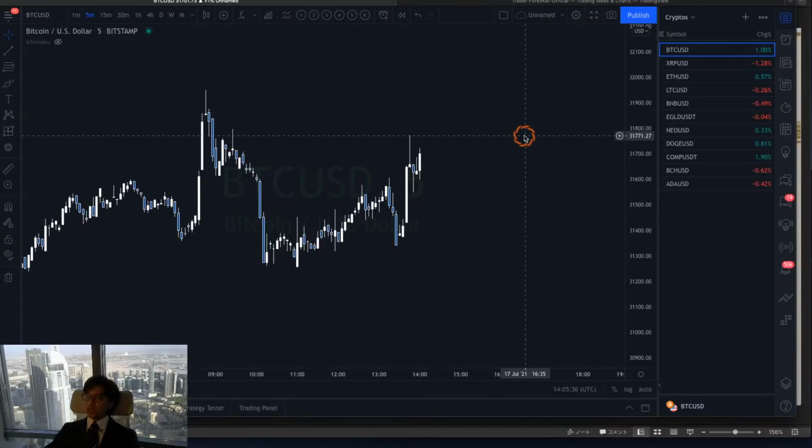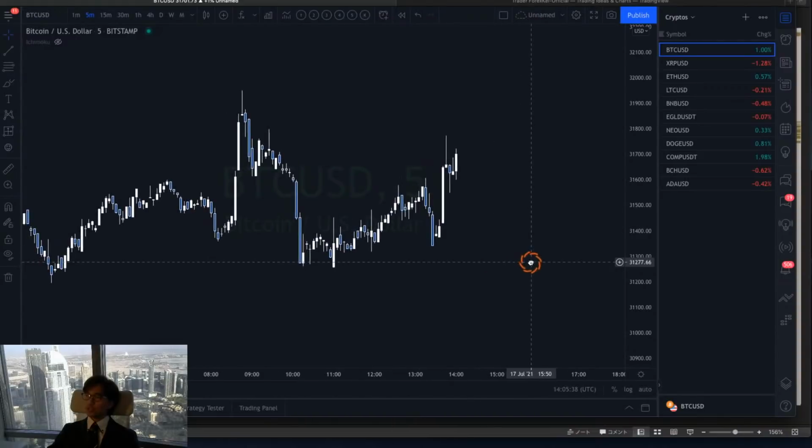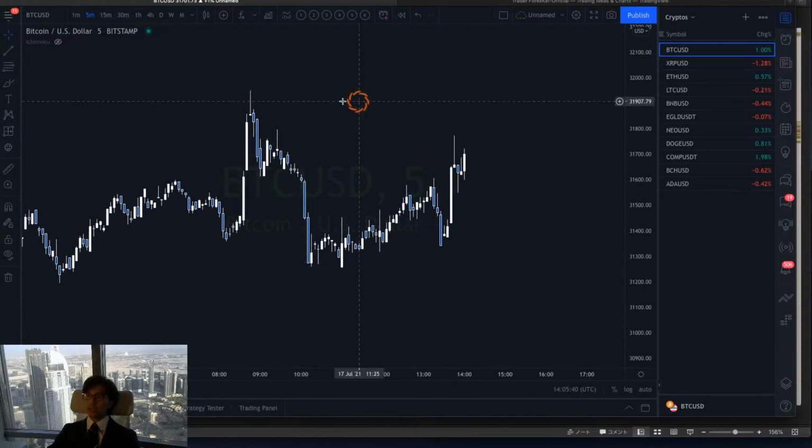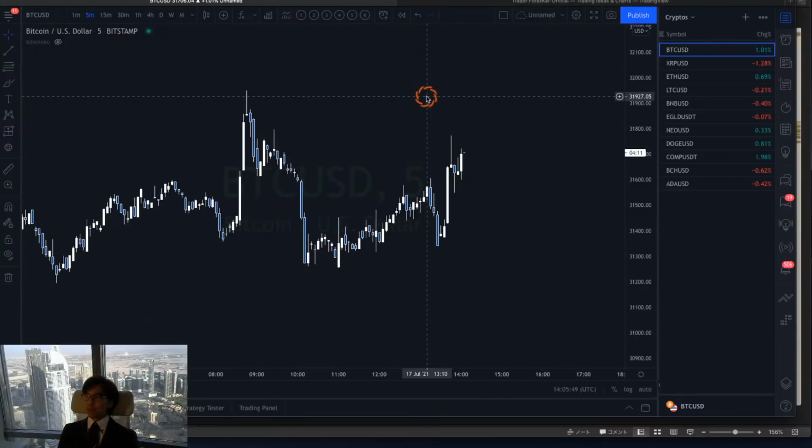So this is once again 5-minute chart on Bitcoin, and this is moving upwards now. What I usually do is that I divide the market into uptrending, downtrending, and range market. Usually I do this by Ichimoku, but since today's topic is about the price action, I will capture whether the market is uptrending, downtrending, or ranging by price action itself.